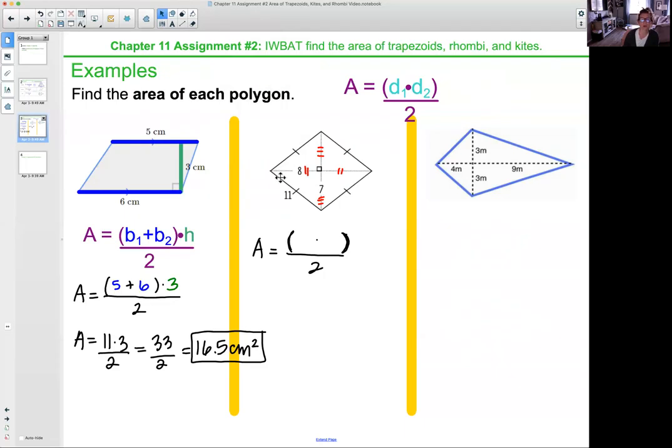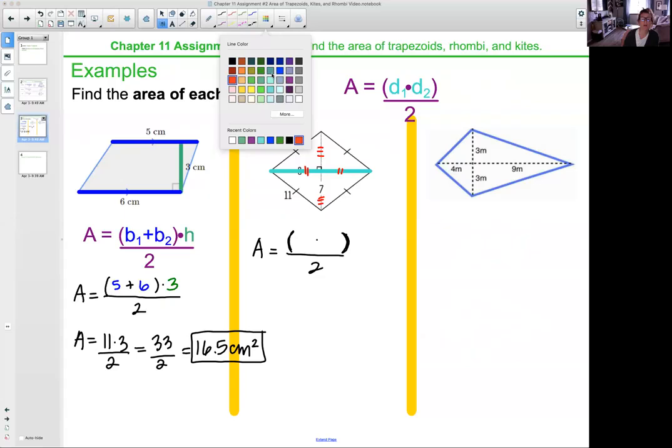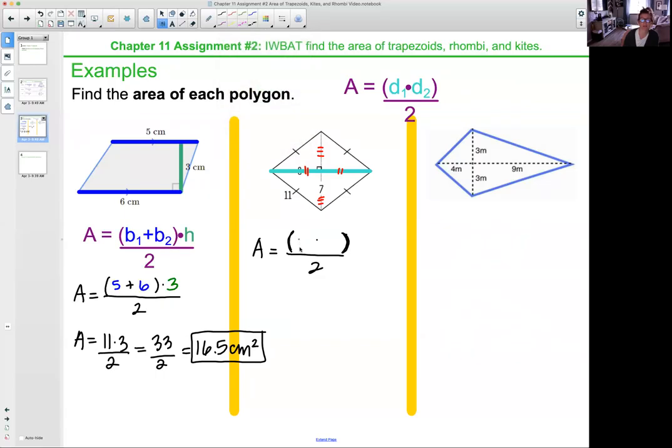So we need diagonal 1, which is this whole length. This piece was 8, so that whole length there is going to be 16. Then we need to do the other diagonal. Again, this little piece here was 7, so the whole diagonal is 14.